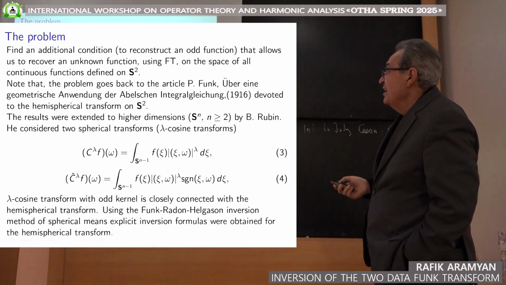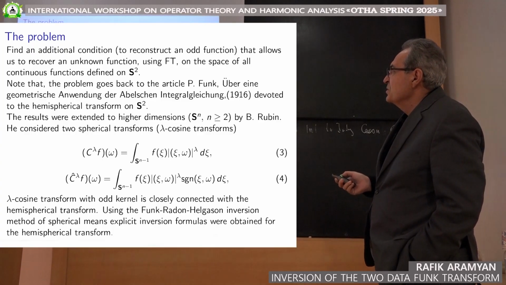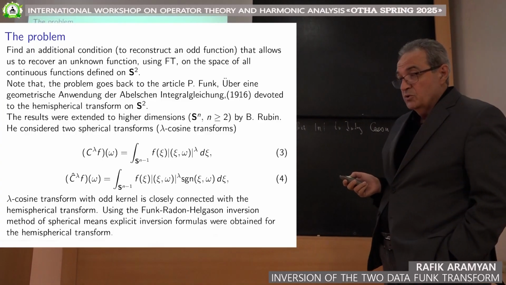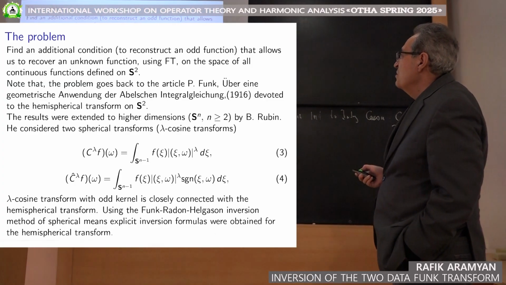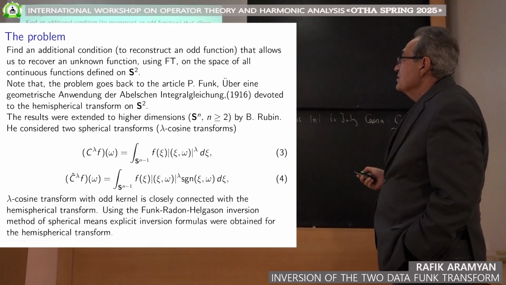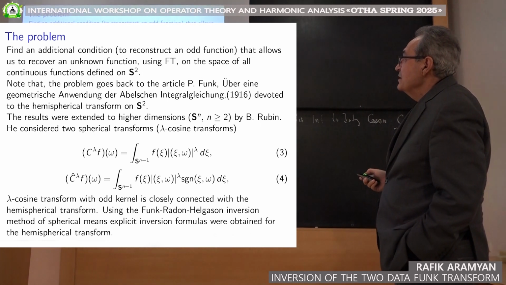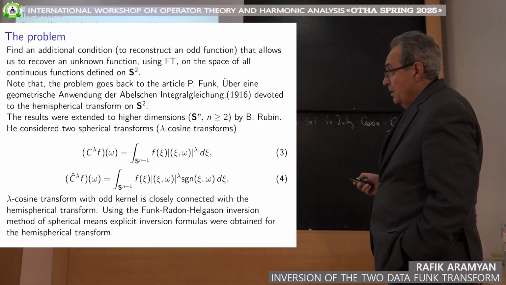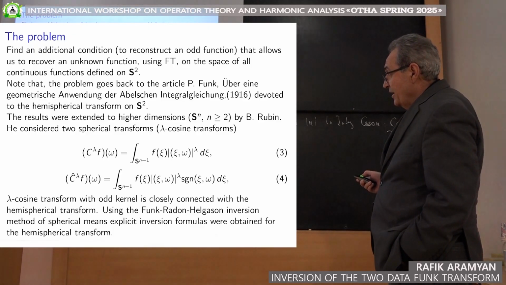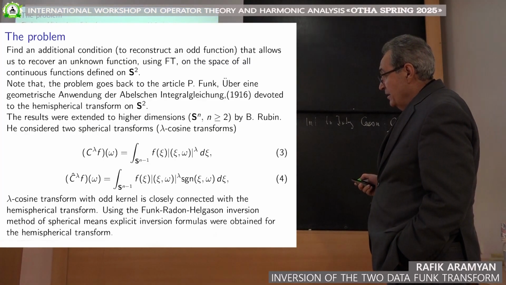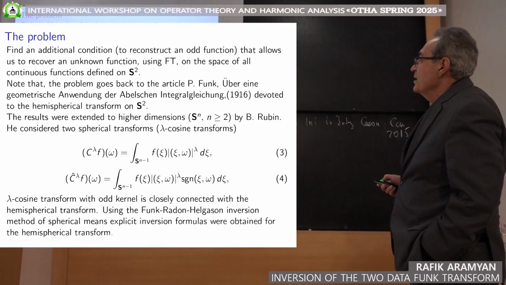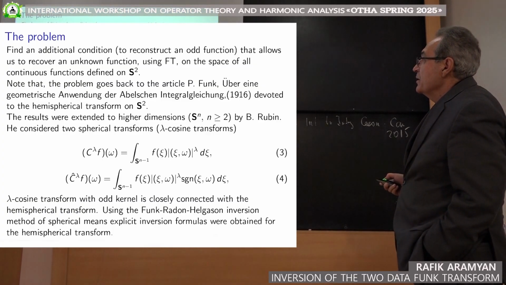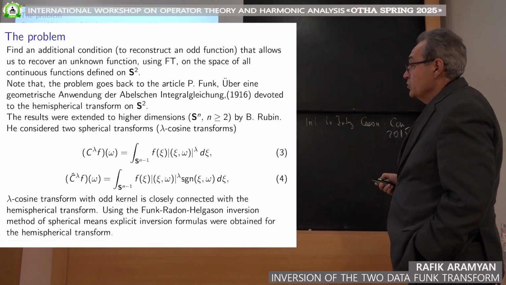He considered the so-called two spherical transforms, the so-called lambda cosine transform. You see the transform: he integrates the unknown function multiplied by a scalar product to the power lambda over the whole sphere. In the first he considered an even kernel, and in the second transform he considered the same function multiplied by sign, an odd kernel.